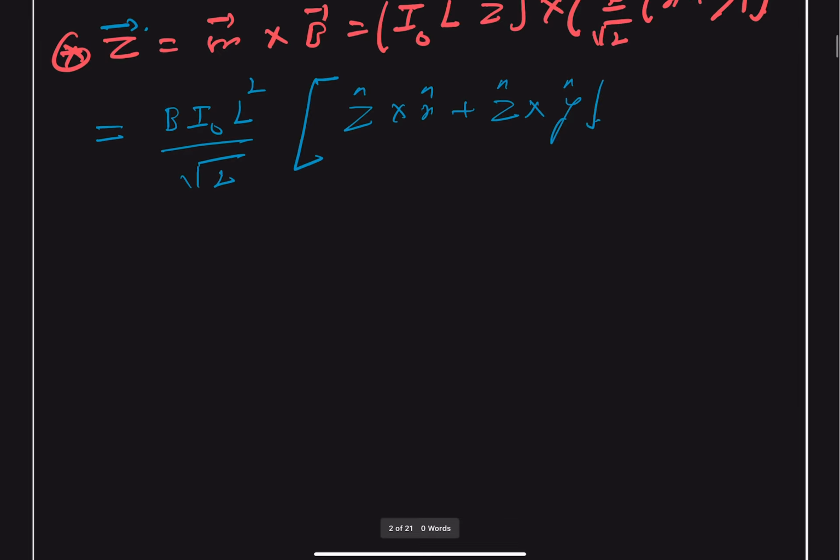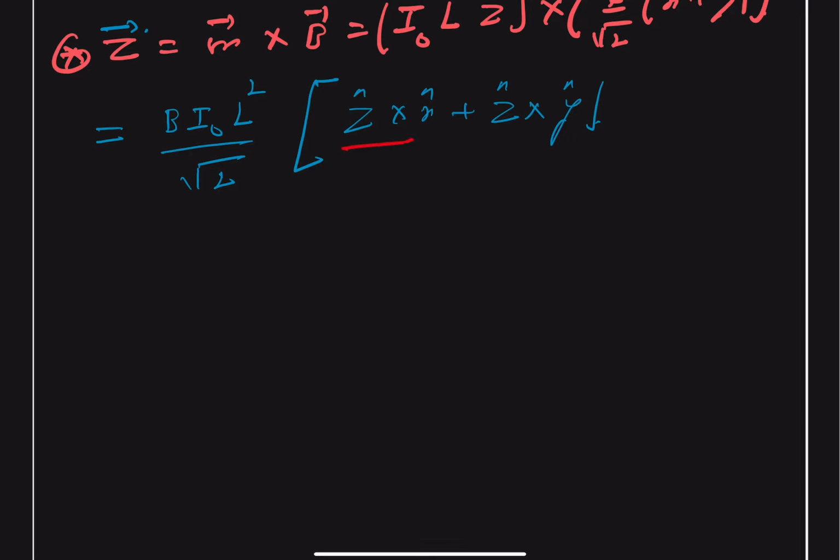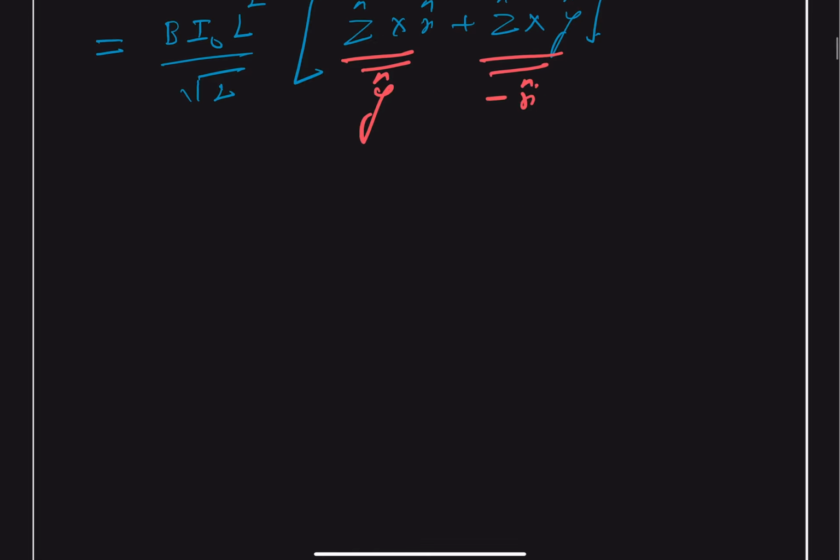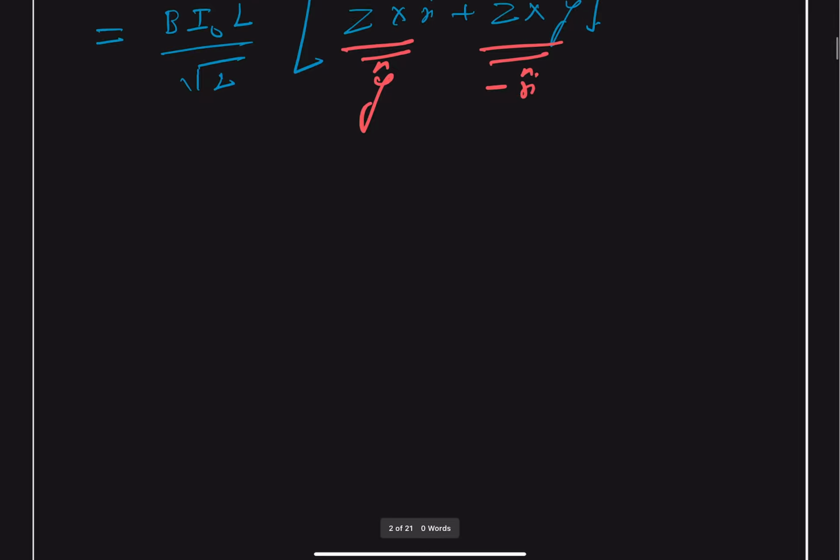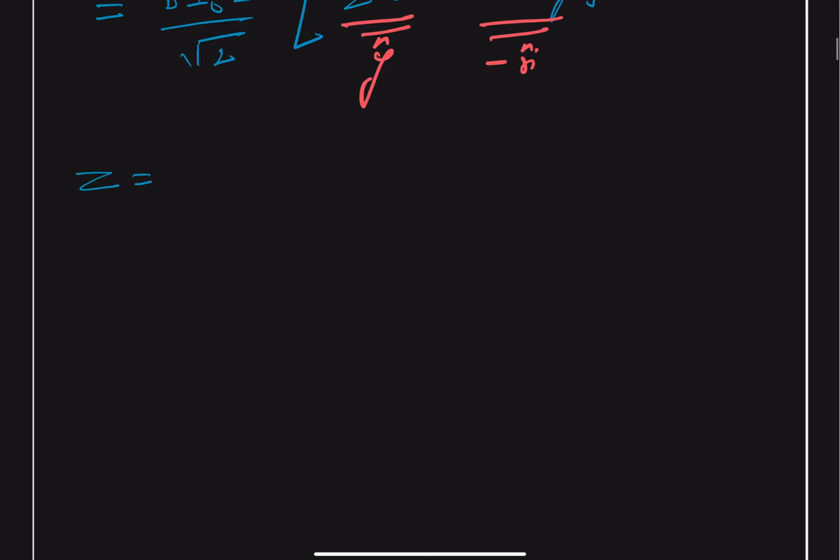Z cross x is our y unit and Z cross y is our minus x unit. So therefore we get our torque is equal to I naught L square B divided by square root of 2 times y unit minus x unit. So this is our value of the torque.